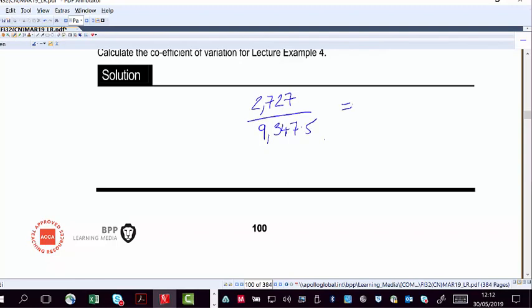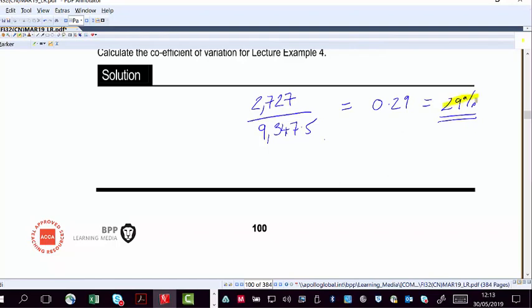If we take one over the other, so the standard deviation divided by the mean, we get 0.29, which is 29%. And remember, we said a low percentage means a low dispersion. So that actually means that the majority of data is close to the mean.